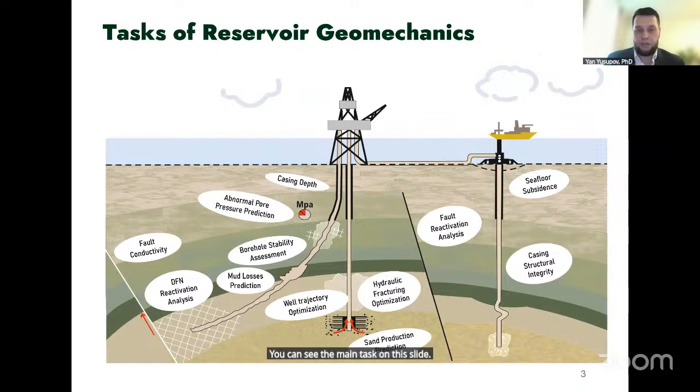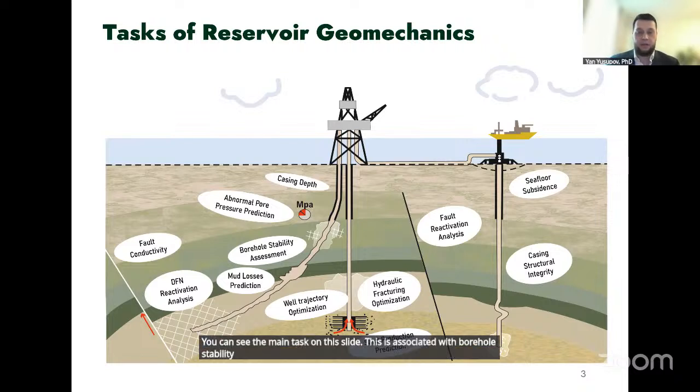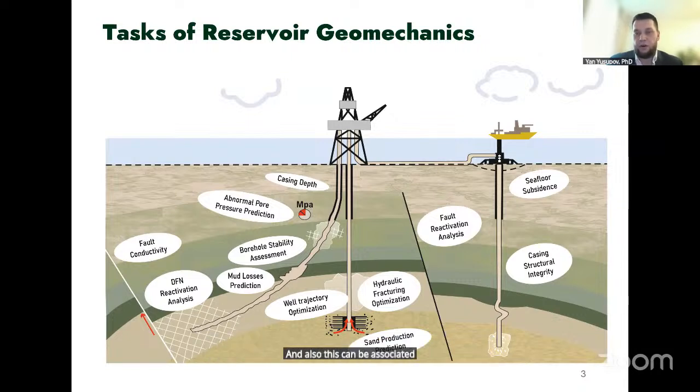This is associated with borehole stability, mud losses, production prediction, sand prediction, hydraulic fracturing optimization, borehole trajectory optimization, casing depth optimization, abnormal pore pressure prediction, estimation of fault conductivity, DFN (discrete fracture network) reactivation analysis. And also this can be associated with shear failure and surface subsidence, and reservoir and seal compaction.